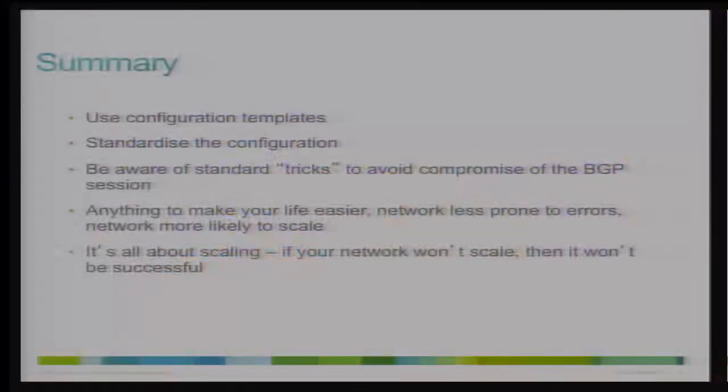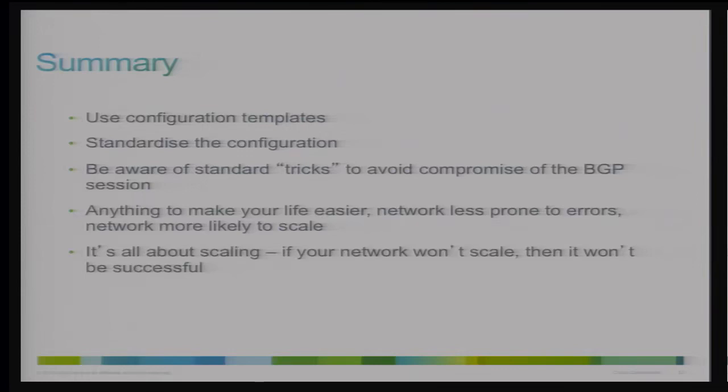So in summary, it's important to use BGP configuration templates, standardized for IBGP and for eBGP. There may be some variations for different types of IBGP and eBGP, but the key is to use templates, and use standard tricks, including TTL security and other mechanisms, to make sure that your eBGP peering as well as IBGP peering is secured.